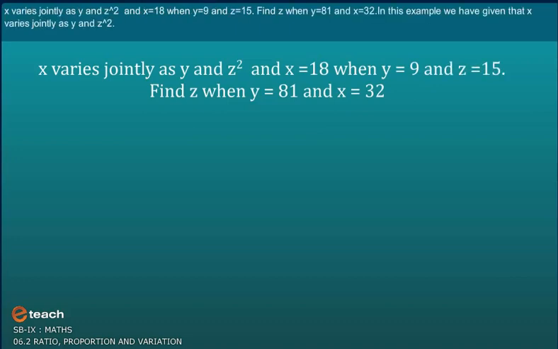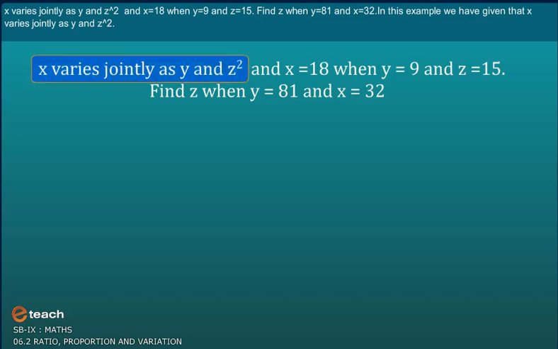x varies jointly as y and z square, and x is equal to 18 when y is equal to 9 and z is equal to 15. Find z when y is equal to 81 and x is equal to 32.